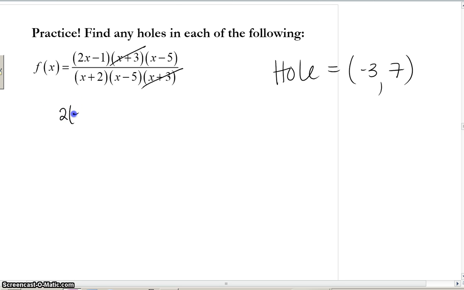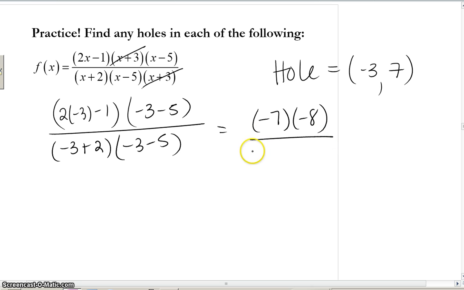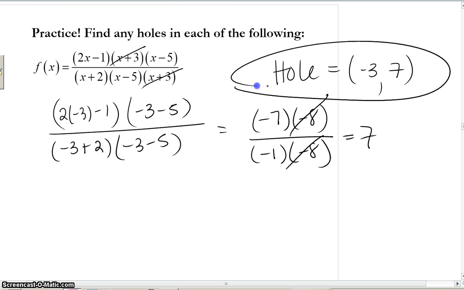So you have (2 times -3 minus 1) times (-3 minus 5) over (-3 plus 2) times (-3 minus 5). So you get -7 times -8 over -1 times -8. Cross those out and you get 7. And that's how you get your hole.